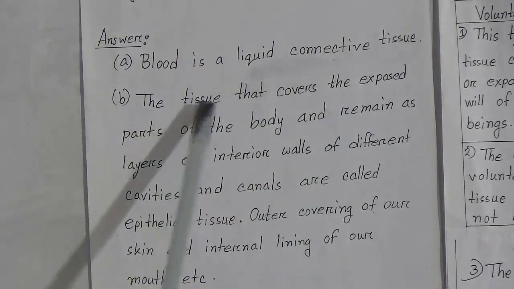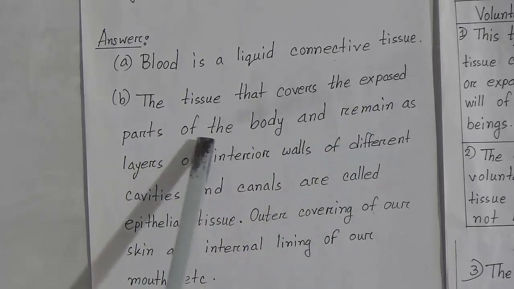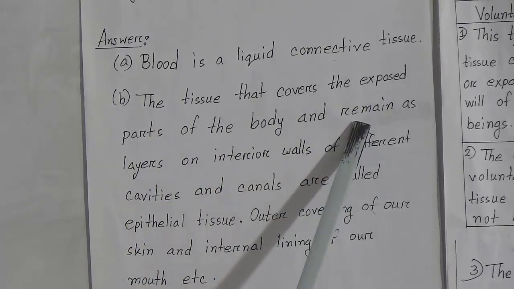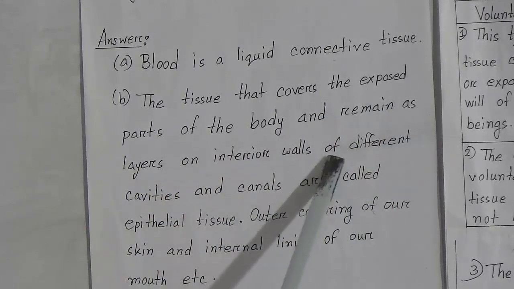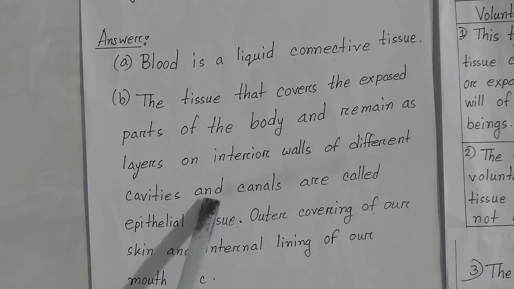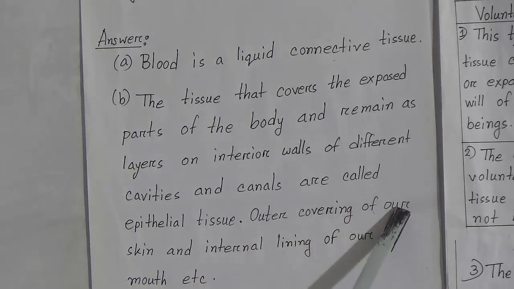B: the tissue that covers the exposed parts of the body and remains as layers on the interior walls of different cavities and canals is called epithelial tissue. Examples are the outer covering of our skin and the internal lining of our mouth.